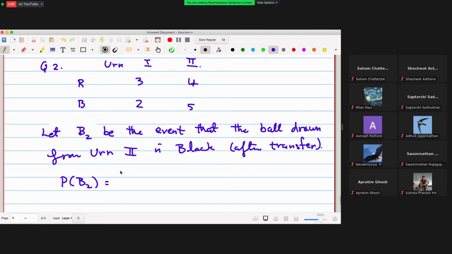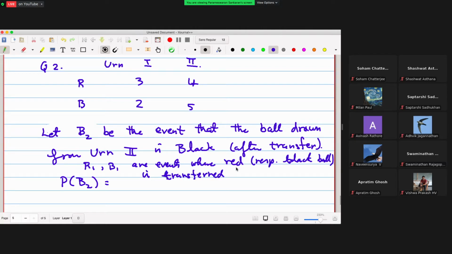So we will write R1 and B1 for events where a red, respectively black, ball is transferred from 1 to 2.